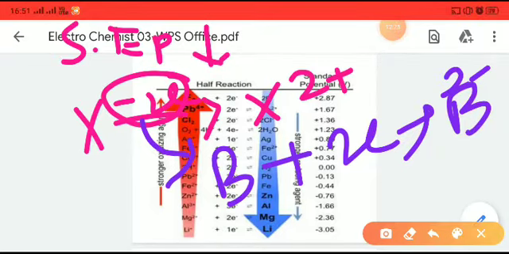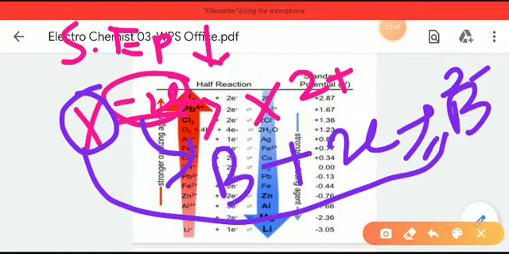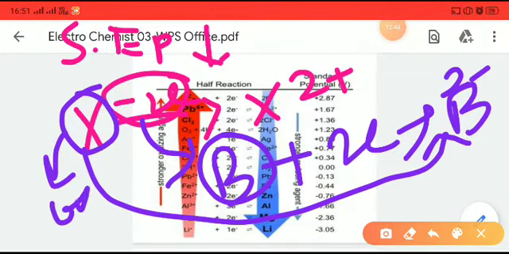Then X becomes oxidized due to removal of electrons, and the B atom, due to acceptance of electrons, becomes reduced. So X is doing an oxidation for the B atom, so X acts as a reducing agent.